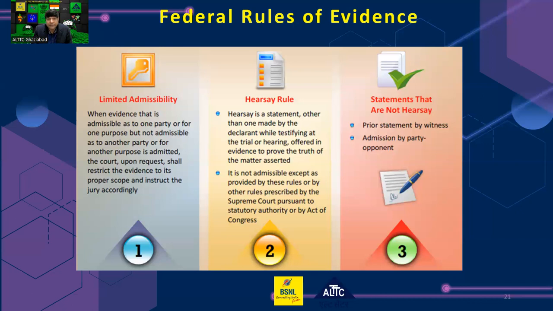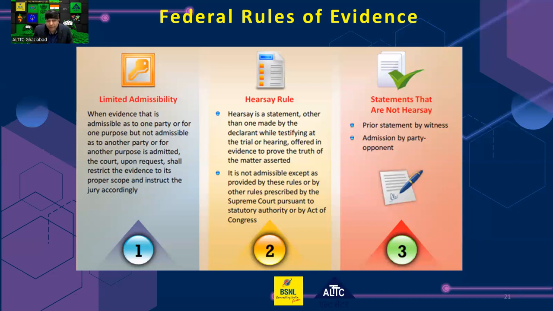Next is the hearsay rule. Hearsay is a statement, other than one made by the declarant while testifying at the trial or hearing, offered in evidence to prove the truth of the matter asserted.